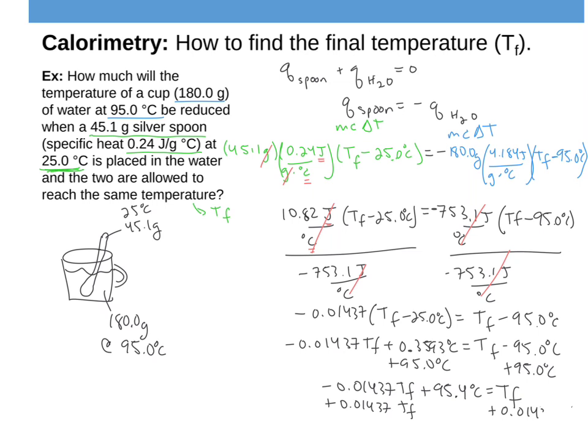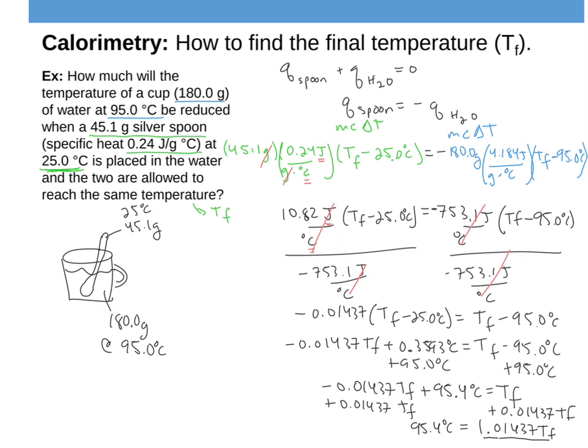Sorry, 1437 TF. Then that finally gives me 95.4 degrees Celsius equals 1.01437 TF. Oh my gosh, I'm running out of room, but we're going to make it barely. And then I'm almost there.